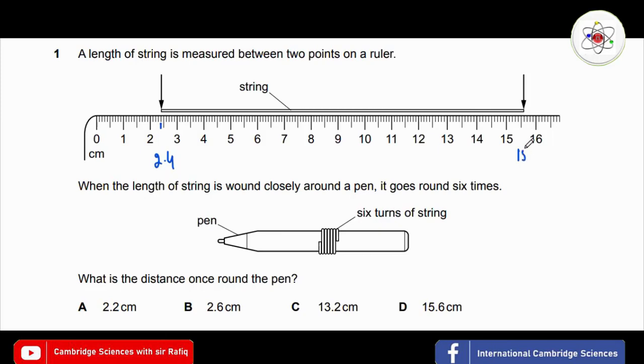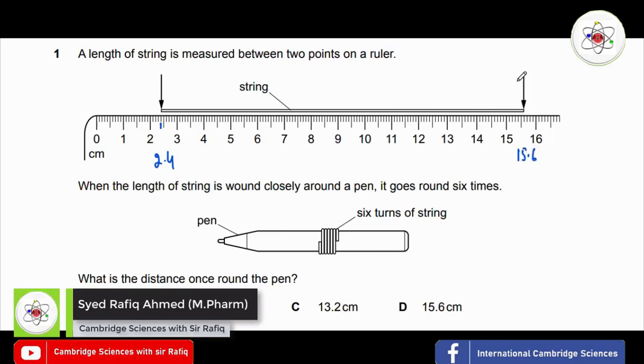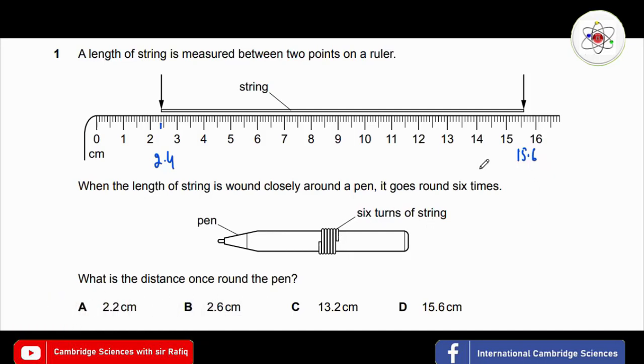So the total length of the string, which is going around a pen, is 15.6 minus 2.4, which is equal to 13.2. When the length of the string is wound closely around a pen, it goes around 6 times.